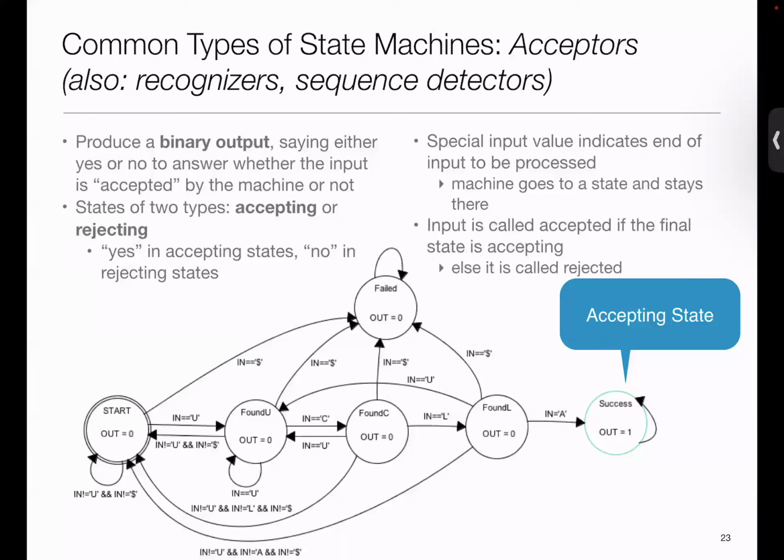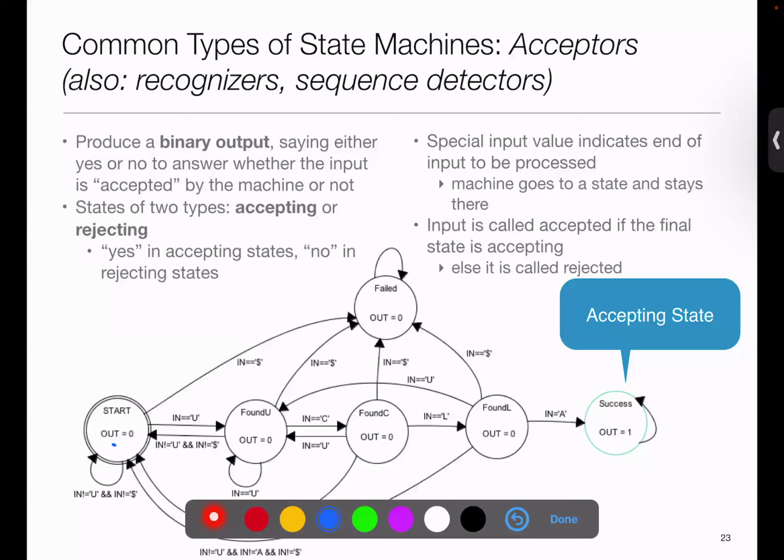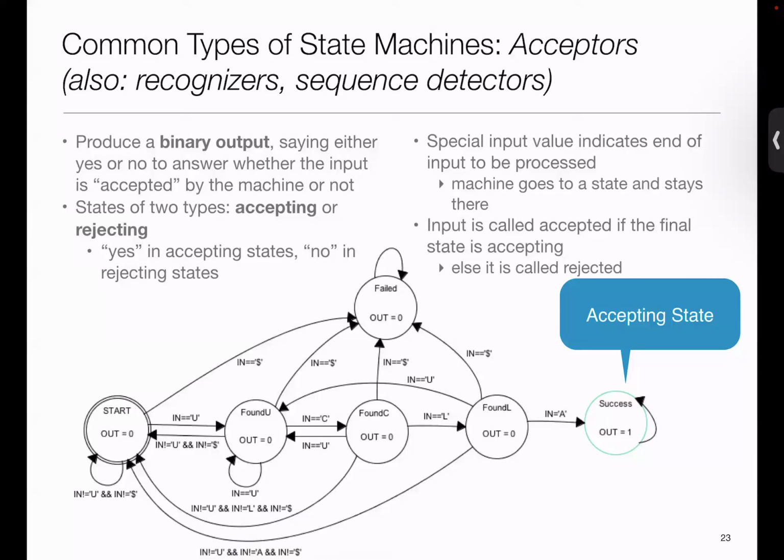So let's look at this machine. What do you think it is doing? Stare at it for a moment and see if any of you can figure out what's happening here. We start in the start state, and output is 0. Now try to see what this thing is trying to do. It is trying to match the text UCLA.